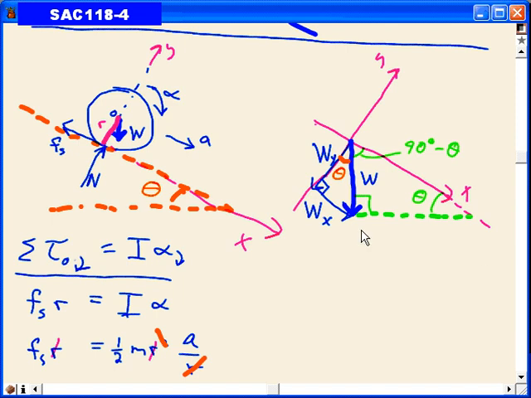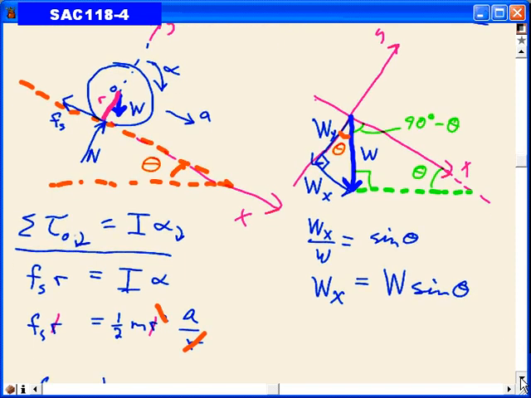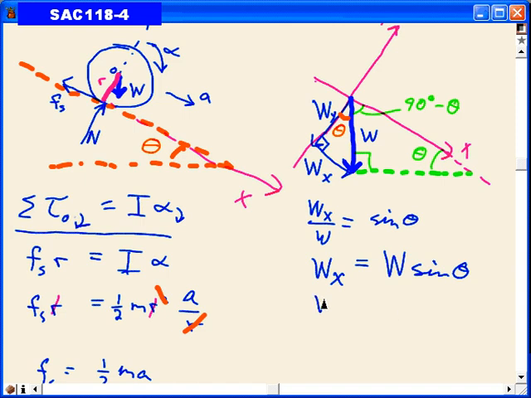Alright, so now it's pretty obvious which one's which, so I'll go Wx, I think might be all I need. Wx over W, with respect to this angle, that's the opposite over the hypotenuse, and by definition that's the sine of theta. So I got Wx is equal to W, the weight vector, times the sine of theta, which, by the way, is just mg. Wx equals mg sine of theta.